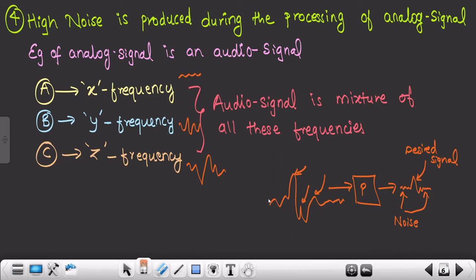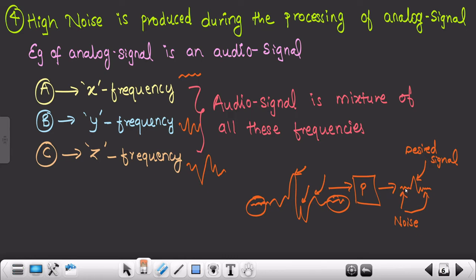And with this there would be some surrounding noise, maybe we are carrying our orchestra or music in some traffic area, so this could be that vehicle's noise. When we feed this signal to the processor, it will try to eliminate this noise, but it will not eliminate it completely.